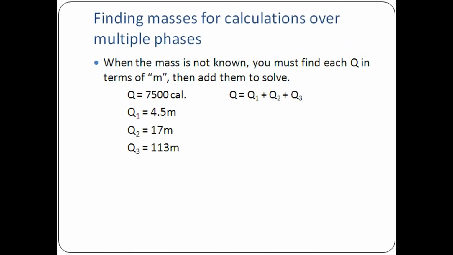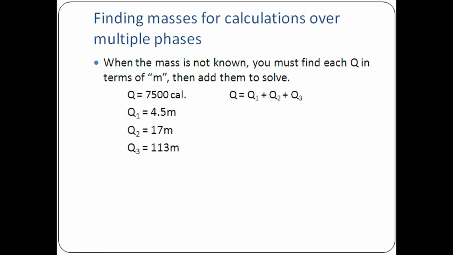Our next possibility is that sometimes you'll have a problem where you know the amount of calories that were added, but you don't know what the total mass is. This is a particularly difficult issue because you use mass in every single one of those equations.